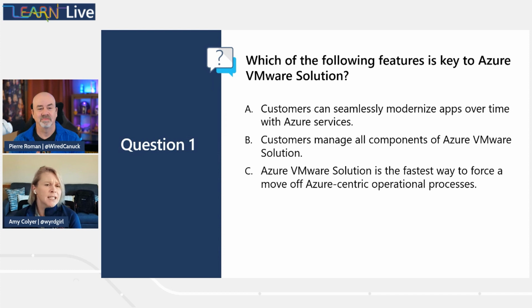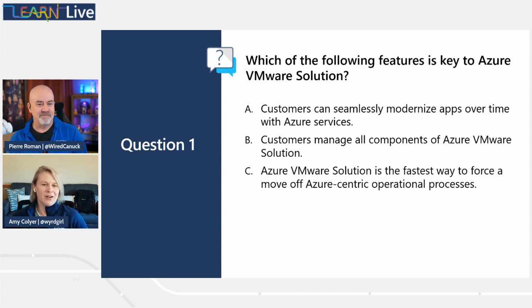That does not sound fun. Azure VMware Solution is the fastest way to force someone to move off Azure-centric operational processes. Okay, that one's off the table right now because we never want to force anybody to change their business for the sake of technology, right? So it's either A or B.